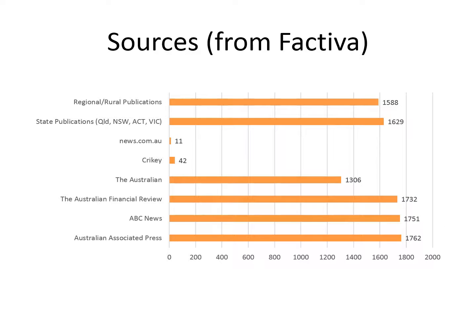Our sources from Factiva included almost 1,600 regional and rural publications. State-based publications accounted for another 1,600. There were a few online sources such as news.com.au and Crikey. The Australian counted for quite a large number, as did the Australian Financial Review, ABC News, and AAP.